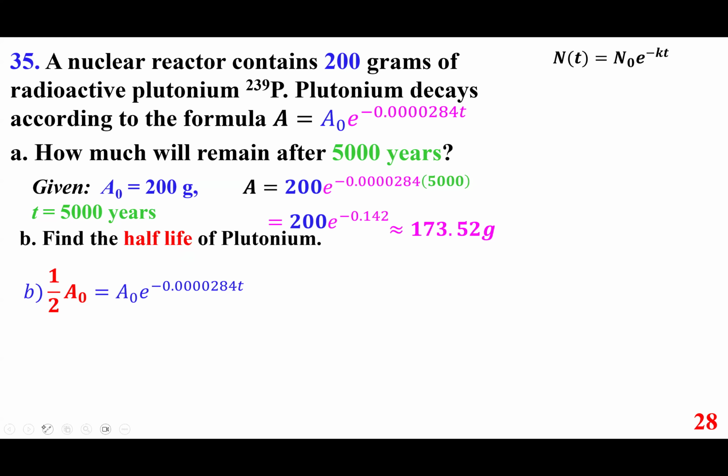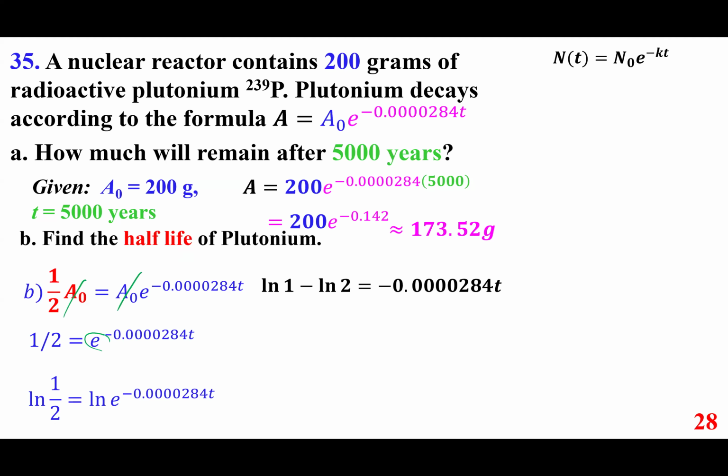You drop A sub 0 from both sides. And now, because the base is e here, we're going to take the natural log of both sides. The left side is ln1 minus ln2, and the right side becomes the exponent, negative 0.0000284 T. So when you take the natural log of this one, you're left with the exponent only.